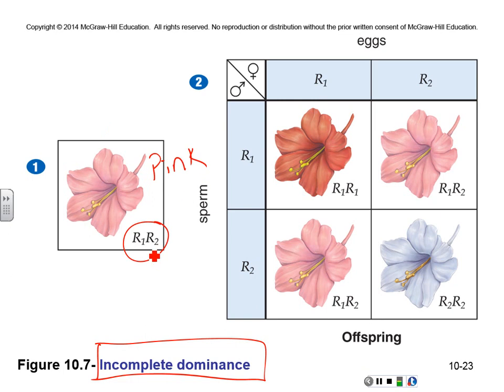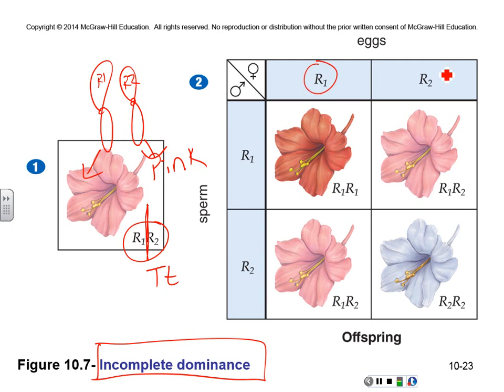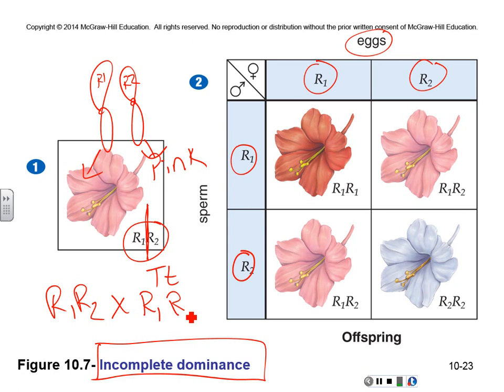And think of R1 and R2, same thing as big T, little t, except now we're trying to say color: R1, R2. Remember these are on chromosomes, so this would be R1 and this would be R2; we don't know which gamete is going to get which chromosome. So R1 or R2 are the possible egg combinations, and R1 or R2 are the possible sperm combinations. What we're doing is taking an R1, R2 plant and mating it with an R1, R2 plant.